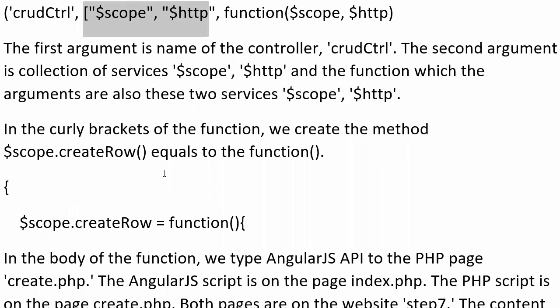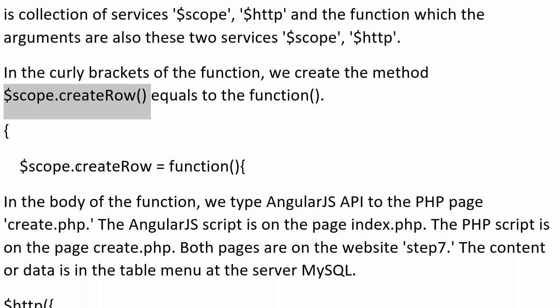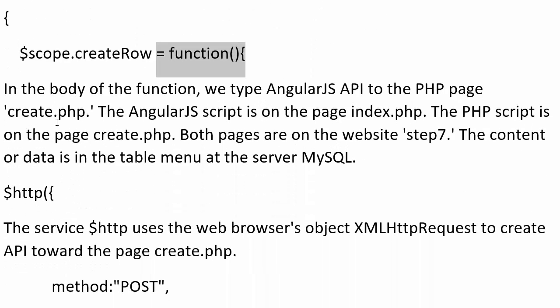In the curly brackets of the function, we create the method $scope.createRow equals function. In the body of the function, we type the AngularJS API to the PHP page create.php.